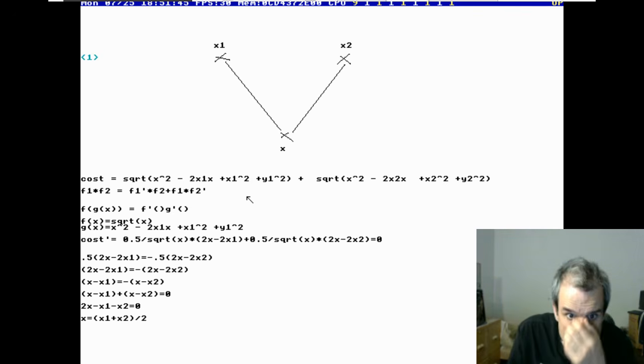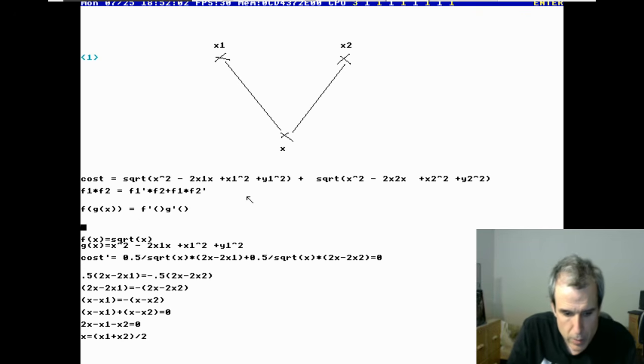Okay. Are you sure it's cosine 2x? Oh, x squared.